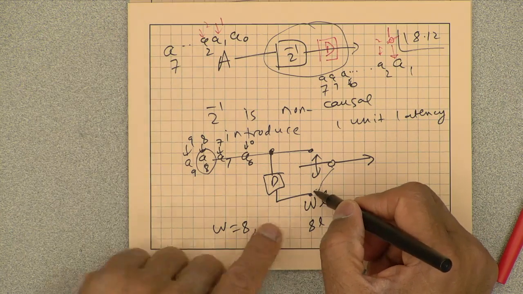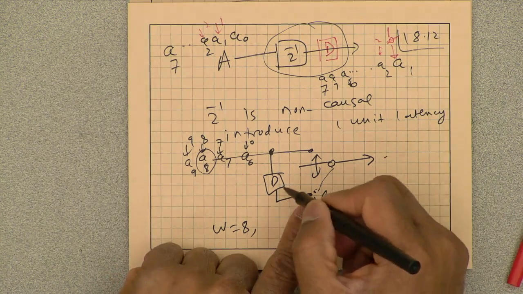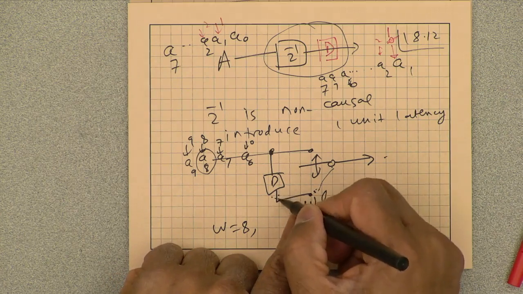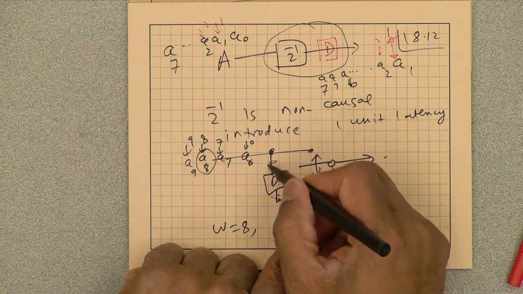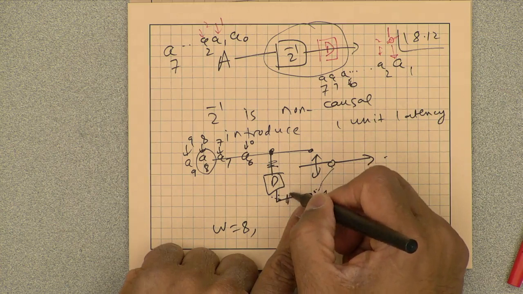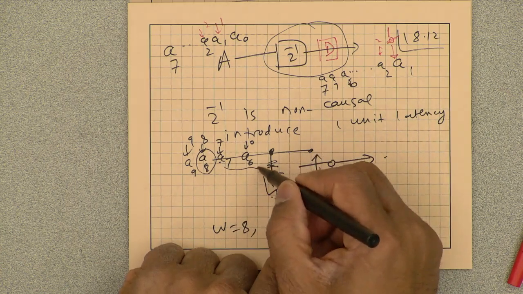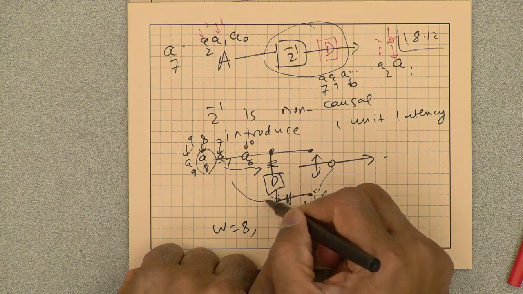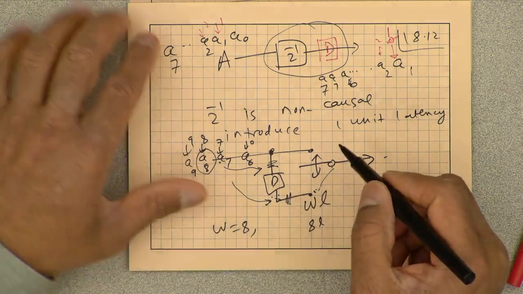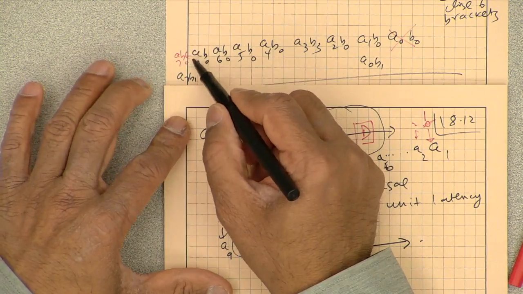And what does that mean? It's feeding the output of the delay. What is the output of delay? Whatever was fed here in clock cycle 7 is available here, and in clock cycle 7 we had A7. So A7 was here in clock cycle 7, comes here at clock cycle 8, and that is sign extending the A7.